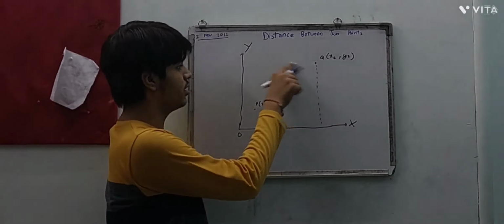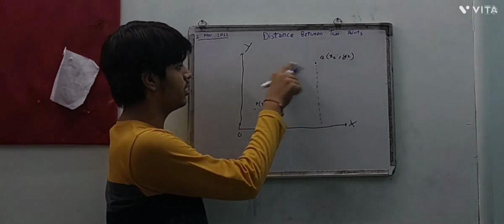Now if I ask you what is the formula to calculate the length of PQ for a right triangle, you can use some trigonometric function if you know the angles, but the easiest one is the Pythagoras theorem. The Pythagoras theorem states that the sum of squares of the other two sides of a right triangle is equal to the square of the hypotenuse. So here PQ is the hypotenuse and PM and QM are the sides.